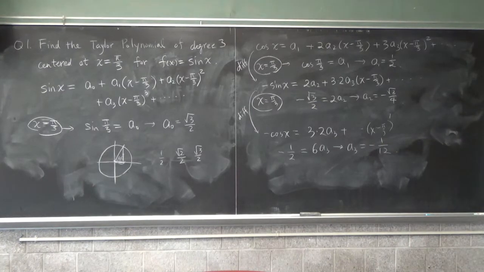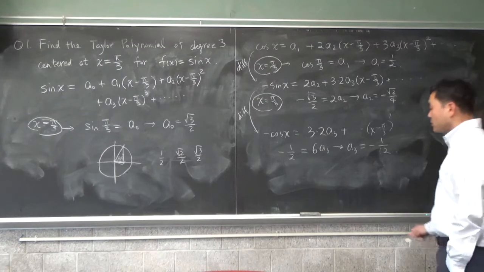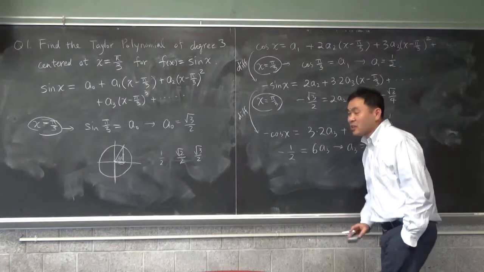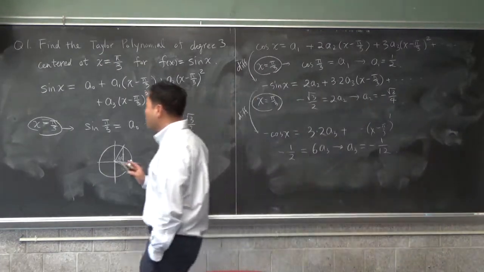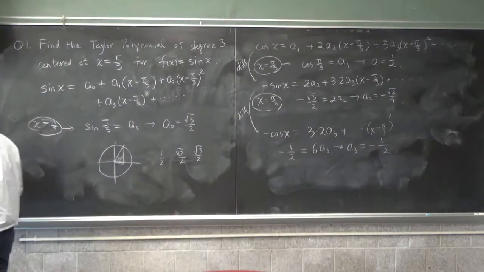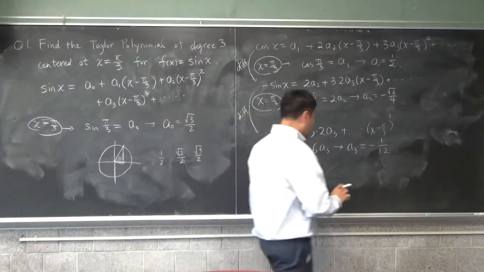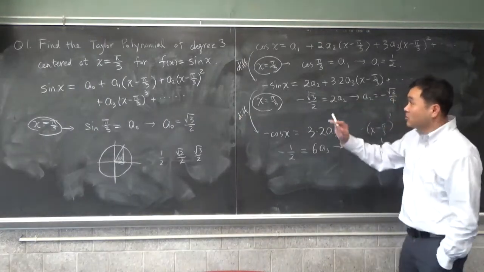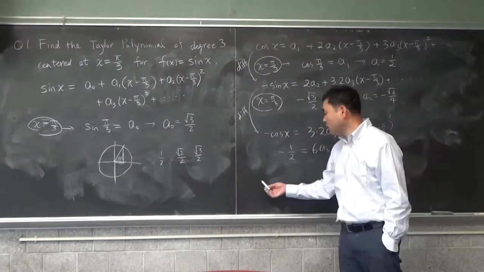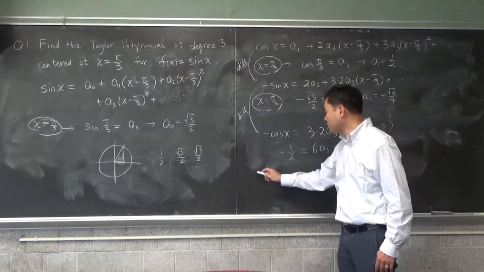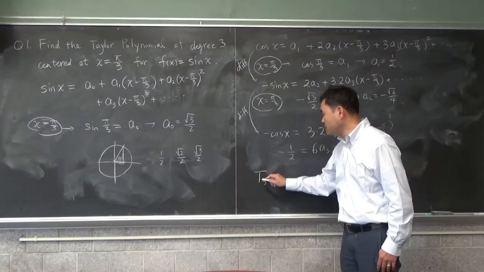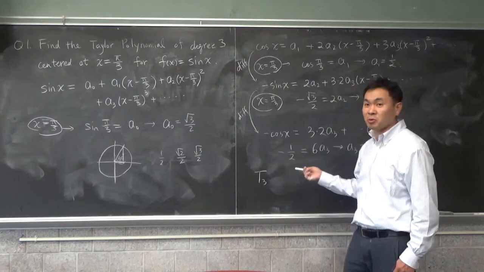Okay, so you got all the coefficients, and the biggest mistake would be stopping here because you thought you got the answer. What's the actual answer? You have to put all those back into a polynomial. The way people write it is either T3 or P3, T for Taylor or P for polynomial.